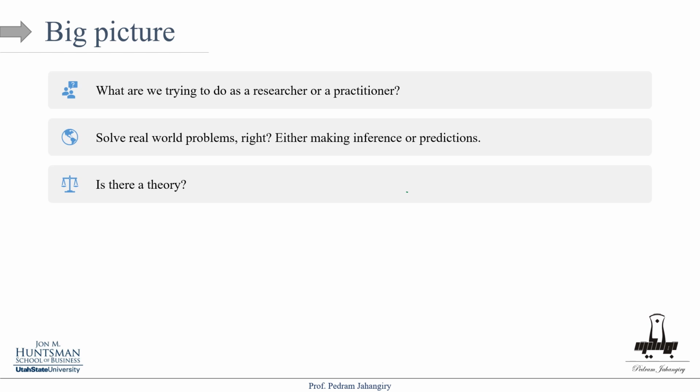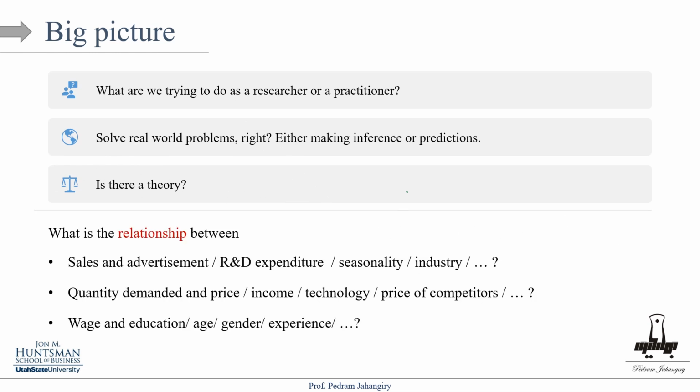Let me walk you through a bunch of examples so it makes more sense. Imagine in marketing, we're interested in the relationship between sales and advertisement, right? What's the relationship between sales on one hand and advertisement, R&D expenditure, seasonality, industry type, etc. on the other hand? This is a really interesting question. Or, for example, you want to work as an economist for big name companies like Amazon, Google, Microsoft, Apple, and you want to quantify the demand function.